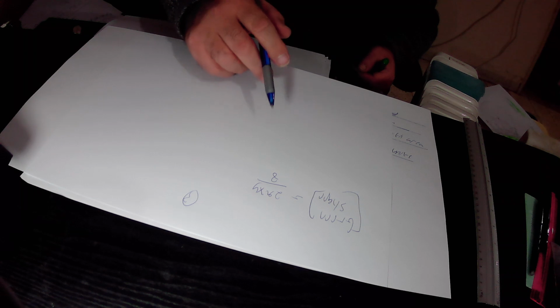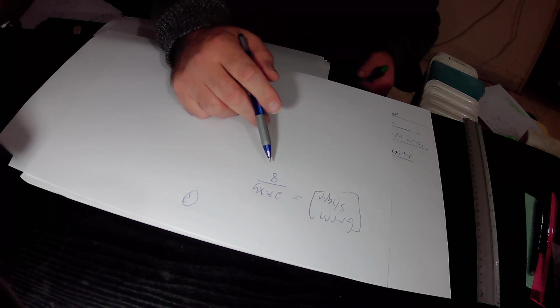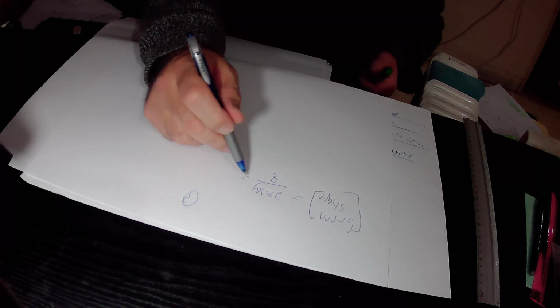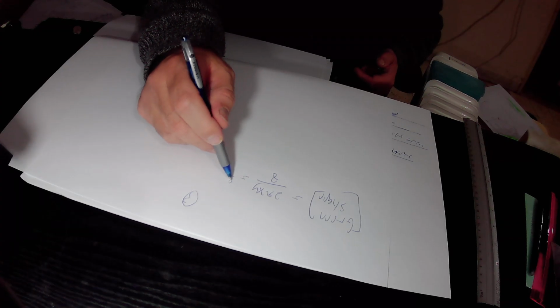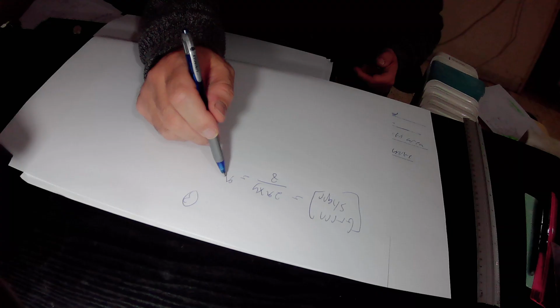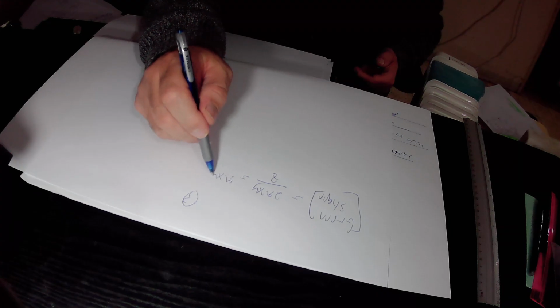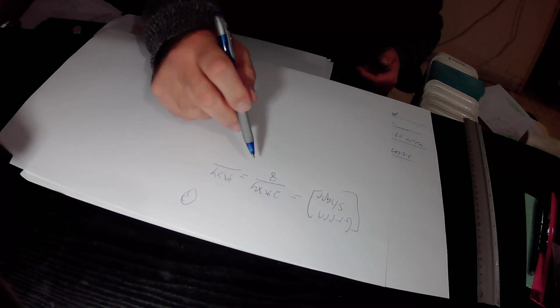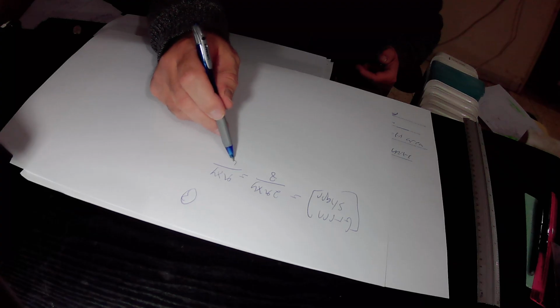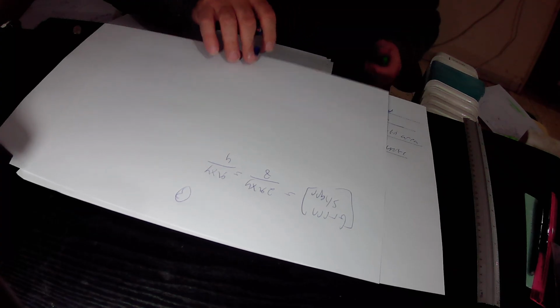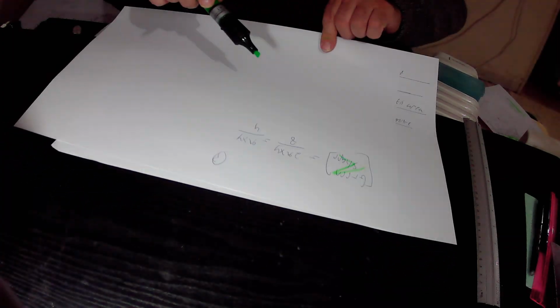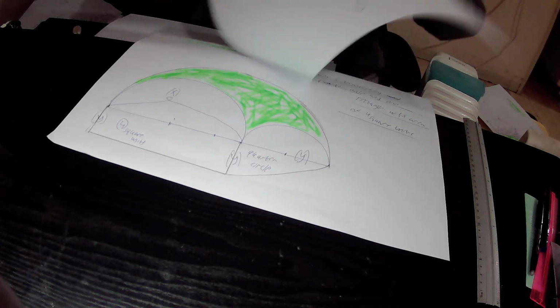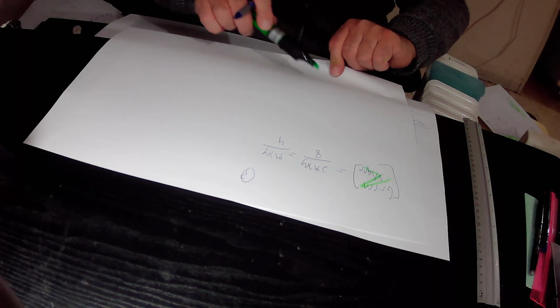Here we divide both the numerator and the denominator of this expression by 2. 2 over 2 is 1, so we are left only with pi times xy in the numerator. In the denominator we have 8 over 2, which is 4. So in total, we found out that the area of this green shape is equal to pi xy over 4.